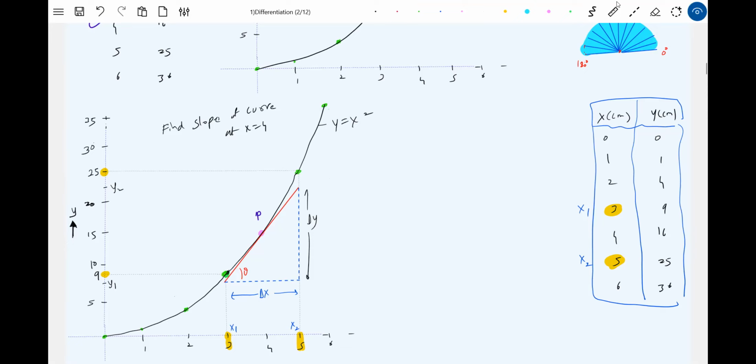For x equal to 3, y should be 9, but you are getting something else, which is not an experimental point. So something went wrong here. You can't just say that here slope is delta y by delta x.